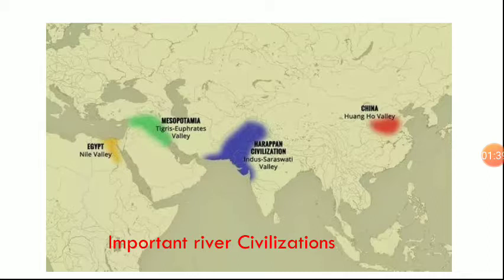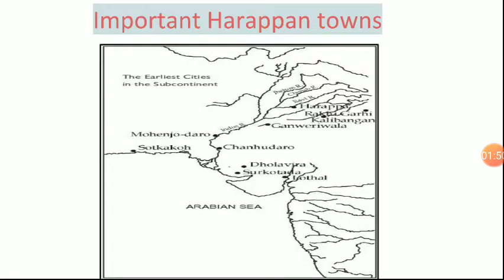Now, why are these important civilizations established on the rivers? The simple reason, children, that the land near the rivers is fertile and transportation is very, very easy. This is a map which is showing the important Harappan towns.